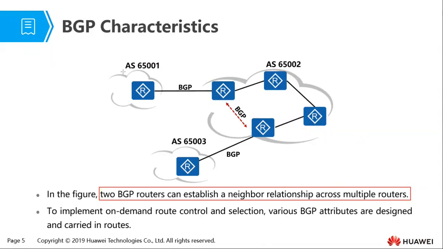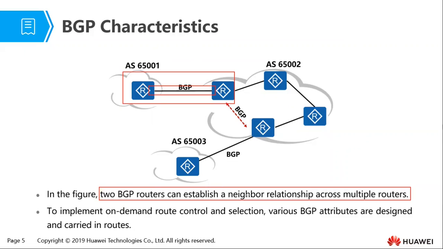So BGP establishes connections between routers using TCP, so that we can verify that indeed the connection is up, and so that it can guarantee reliability before we begin sharing information.